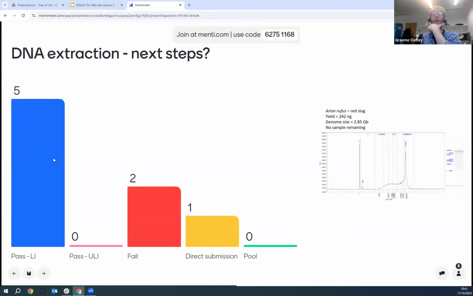So we have 5 passes for LI, 2 fails, and 1 direct submission.